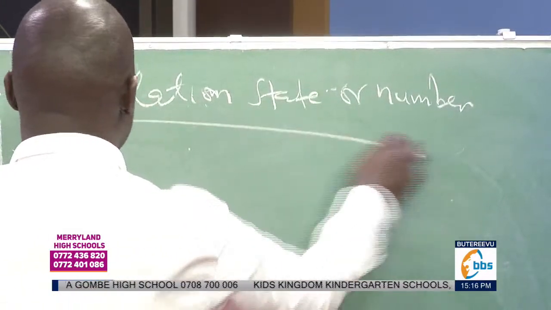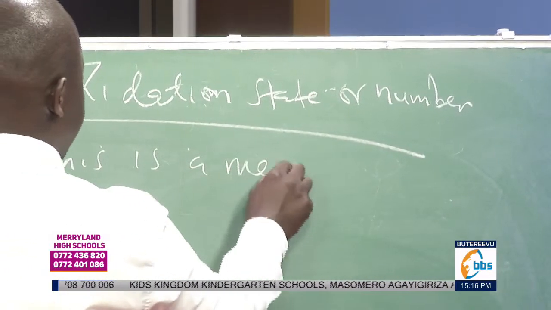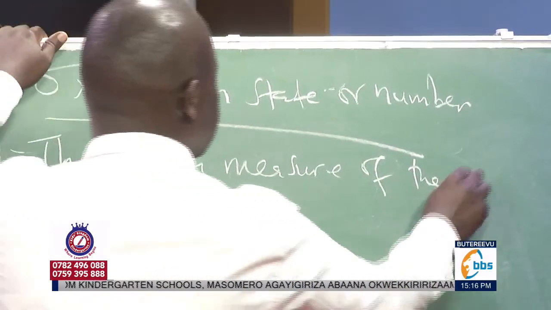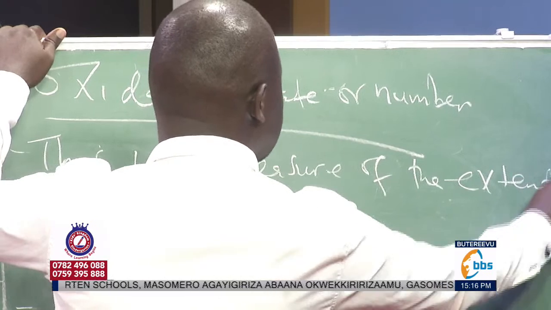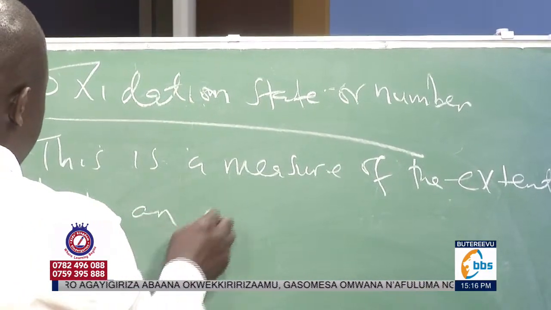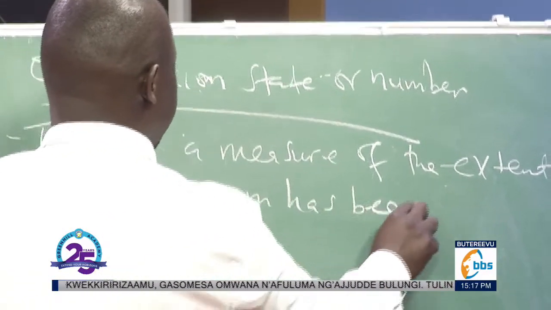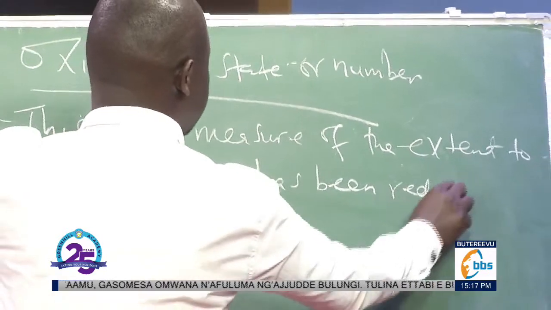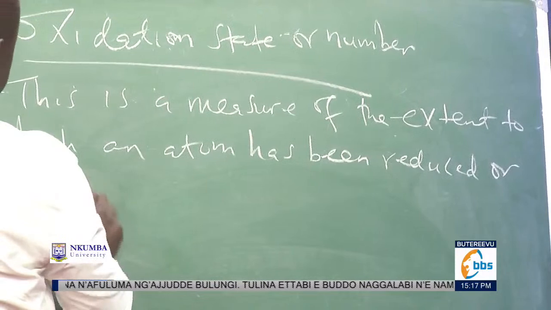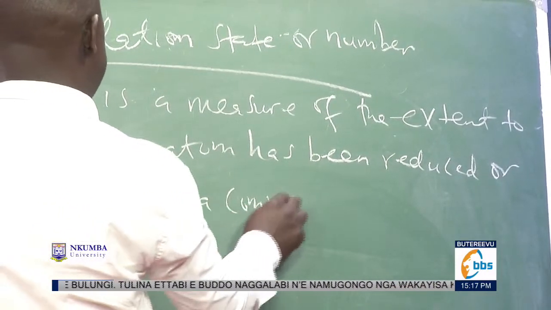The definition: this is a measure of the extent to which an atom has been reduced or oxidized in a compound.